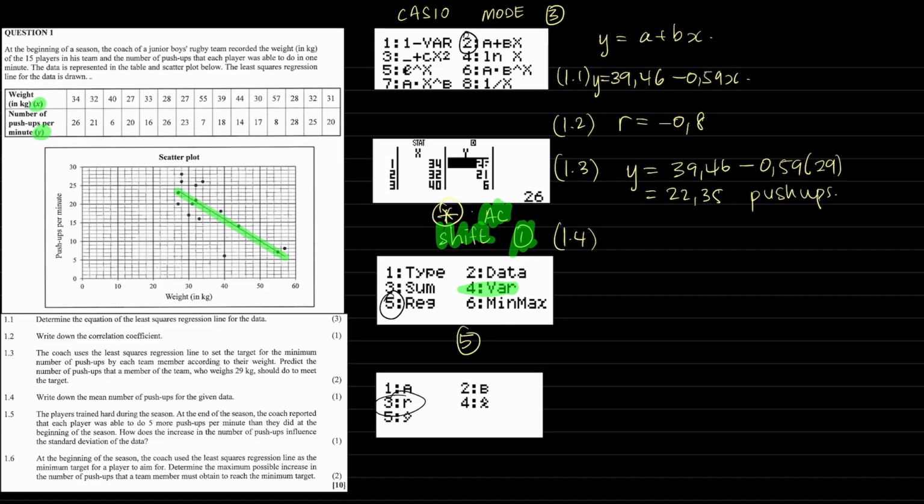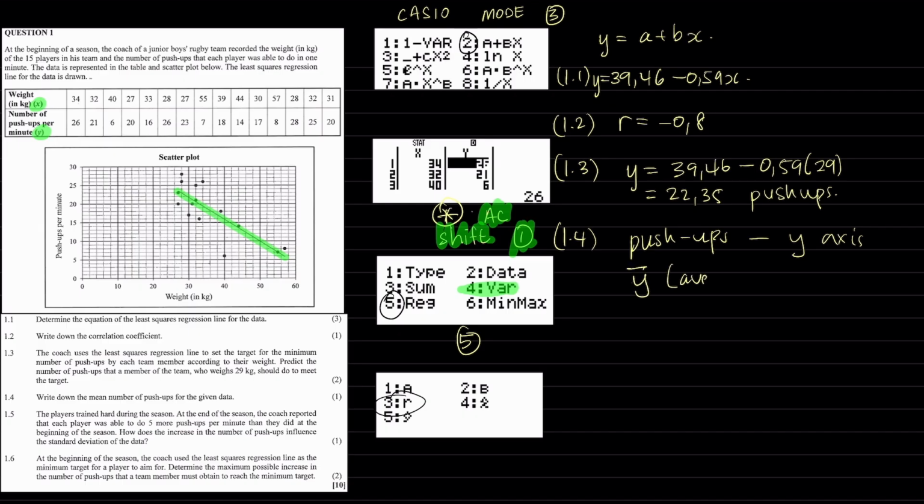Now, you're going to have quite a few options there. For example, you're going to have N, X bar and Y bar. They want to know the mean number of push-ups. Push-ups are on my Y-axis, and we want the average, so we are going to click the option that says Y bar.